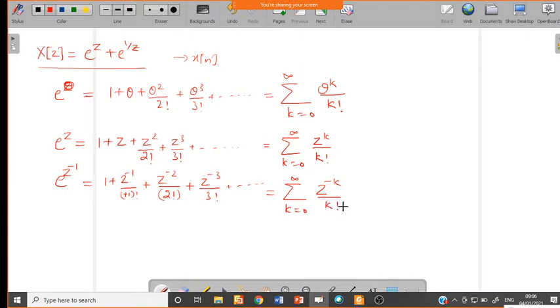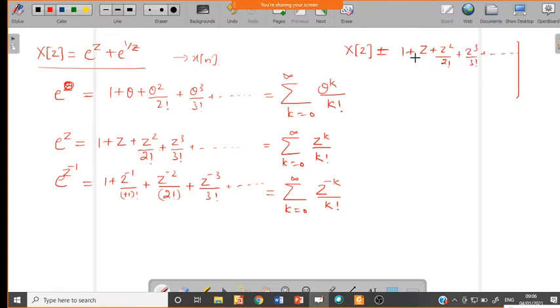Okay, so now this whole X of z we can write as, first write e power z. If you write e power z, I will write it as 1 plus z plus z square by 2 factorial plus z cube by 3 factorial plus so on.